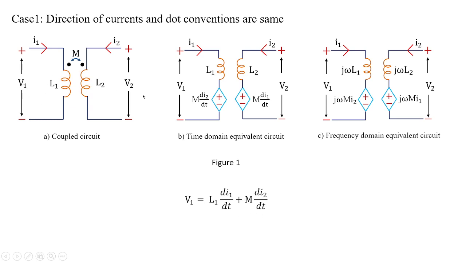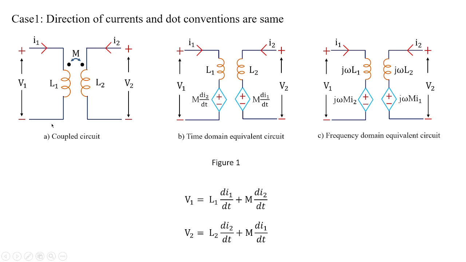What will be the secondary voltage when you see it from the secondary side? V2 is equal to L2 di2 by dt, that is the self inductance voltage, plus M di1 by dt, that is the mutually developed voltage because of the flow of current in the primary of the circuit.